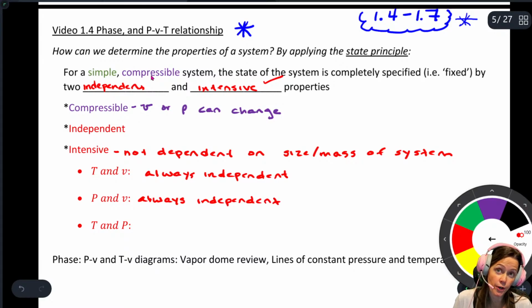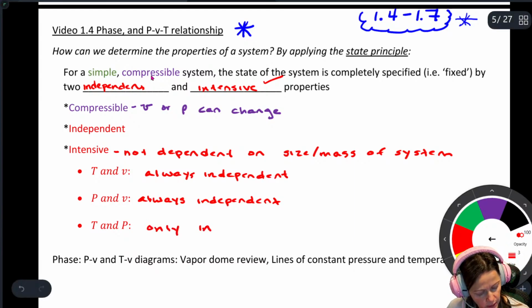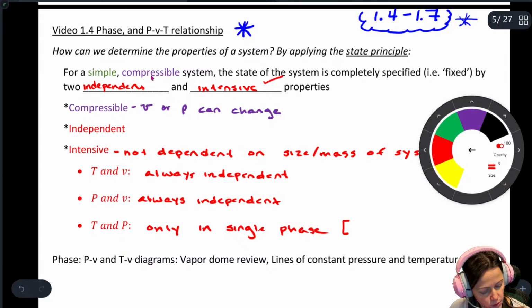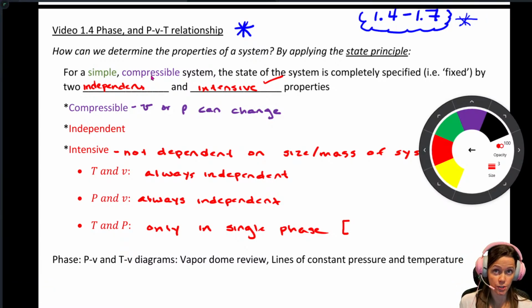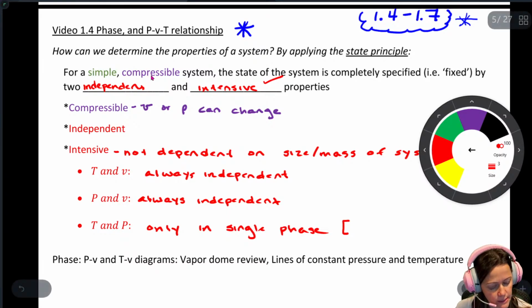But temperature and pressure are only independent of one another in a single phase. What that means is just in a gas phase, just in a liquid phase, just in a solid phase.